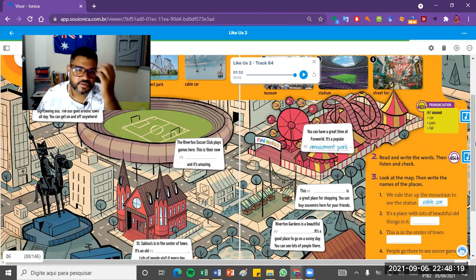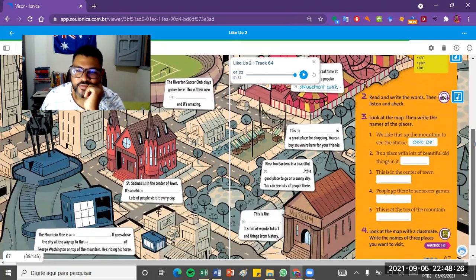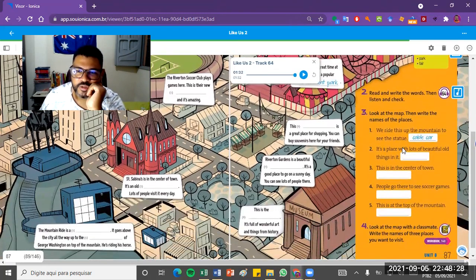Okay, guys. So we've checked the text. Now let's check which words you guys have put here, which places as well. Okay, here we write this up, the mountain, to see the statue. And 2, it's a place with lots of beautiful things in it.